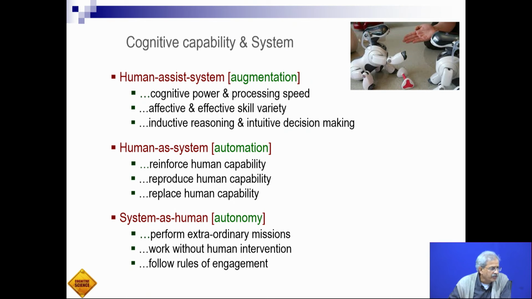So our ultimate aim is: who will do the extraordinary missions? The robots have to do the extraordinary missions. Autonomy has to be brought in, so that it performs without human intervention and follows the rules of engagement, because when humans are involved, soldiers make a lot of mistakes at times under the exigencies of warfare.